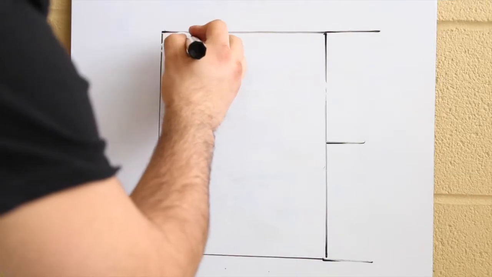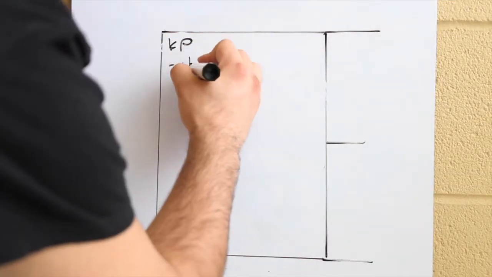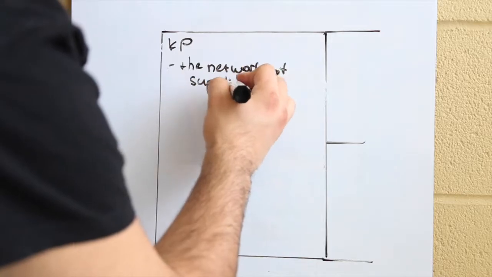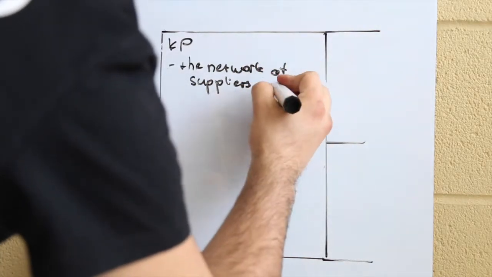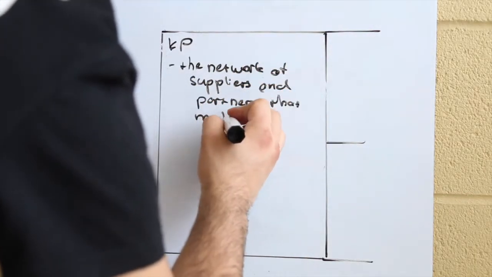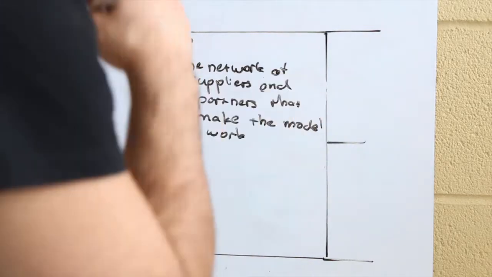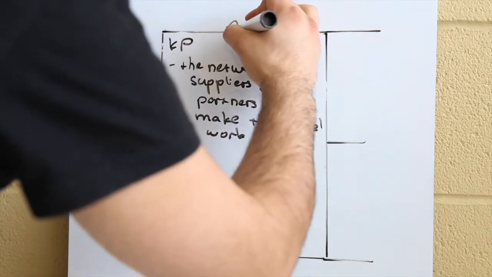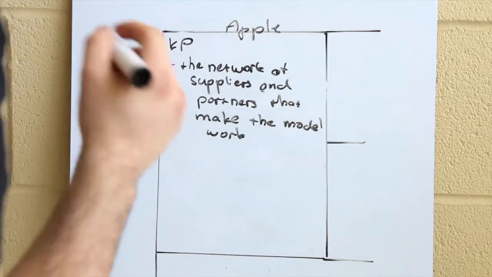The first building block of the business canvas is the key partners, the network of suppliers and partners that make the business model work. In our case, we're going to use Apple as our example, just like the book does.